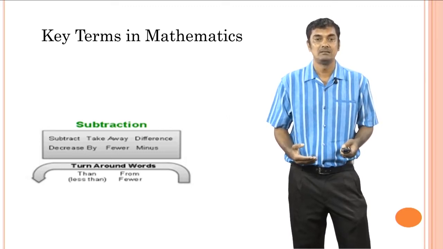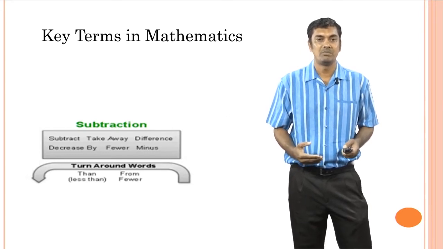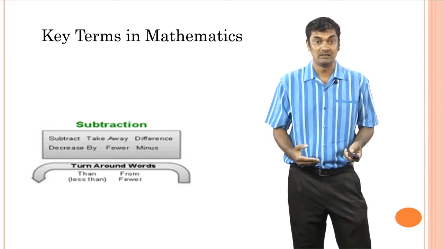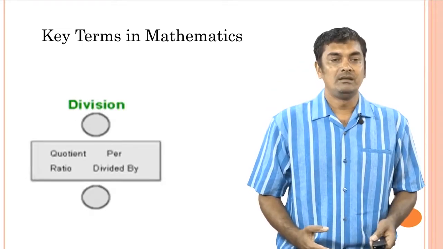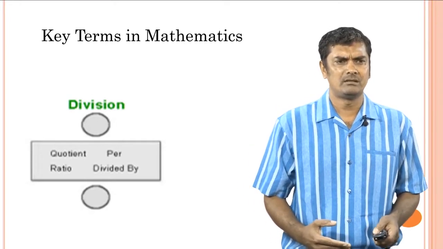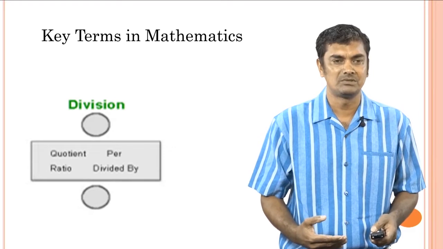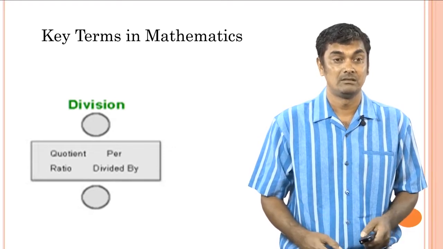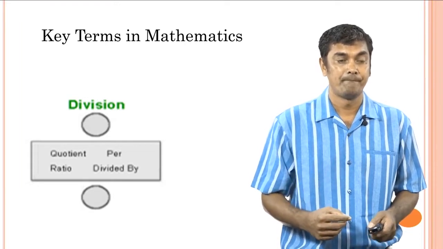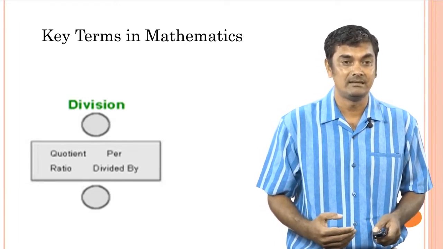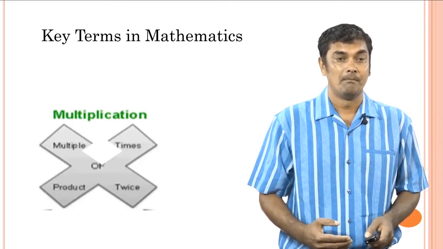They all mean something when subtraction is to be performed. Additionally, it is less than, fewer than, etc. Division. When you hear the term division, there are some other reference terms that we can use mathematically, namely quotient, ratio, per, divided by. They mean the same thing as division.